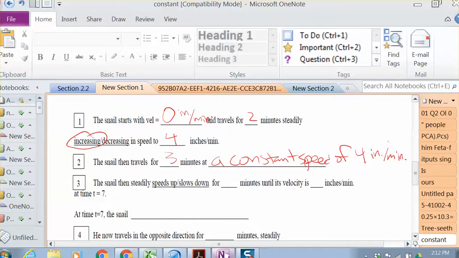The snail then steadily speeds up or slows down. Slows down for about 2 minutes until it gets back to 0. At time t equals 7, the snail is at rest.